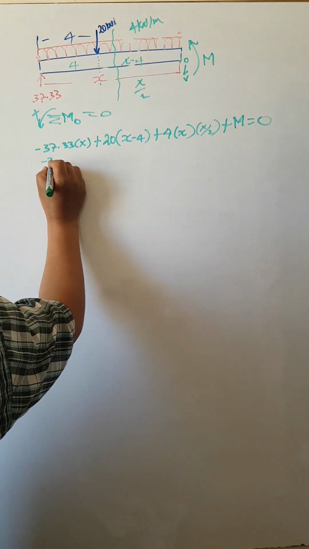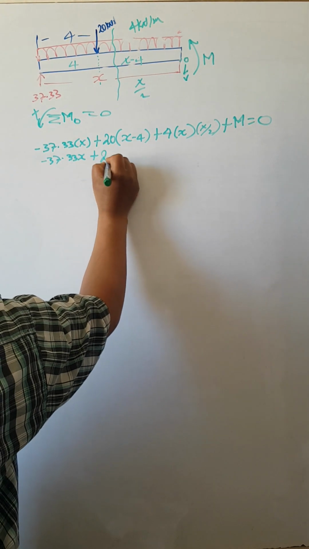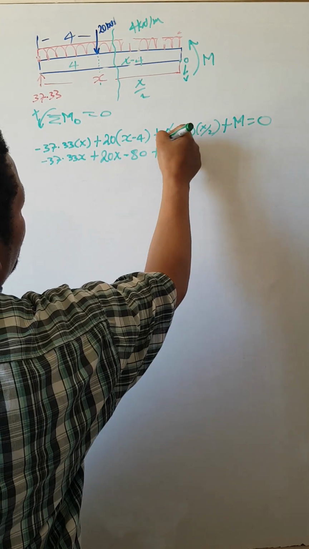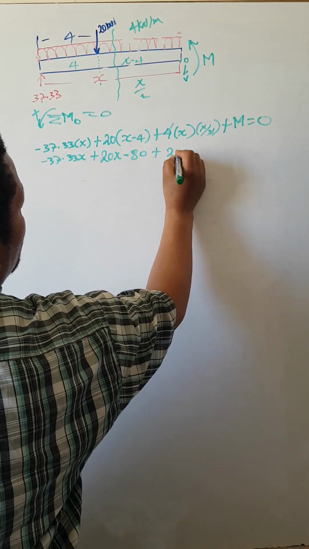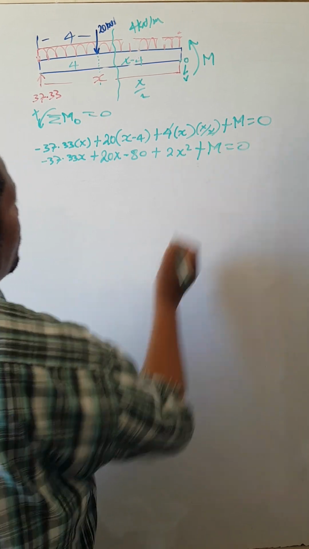We have -37.33x plus 20x minus 80 plus 2x squared plus this moment equal to 0.